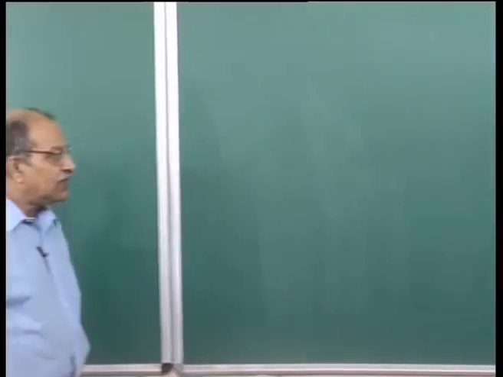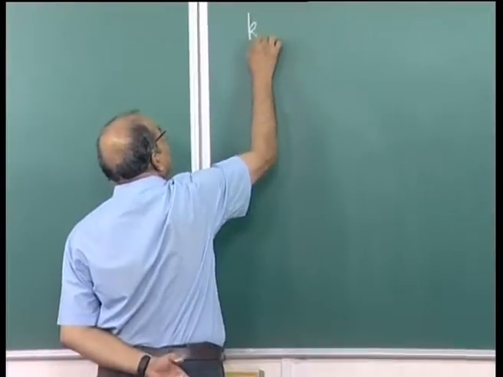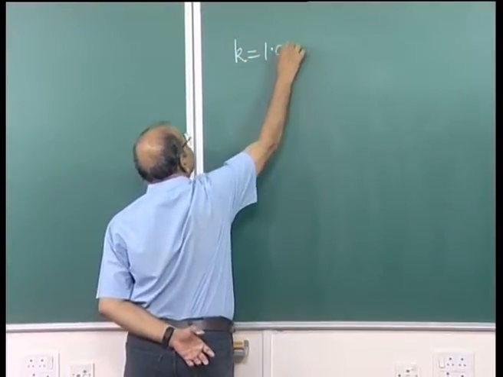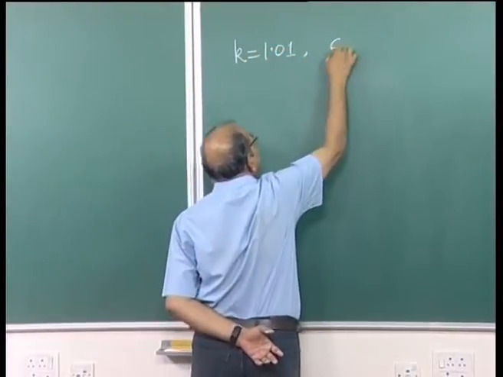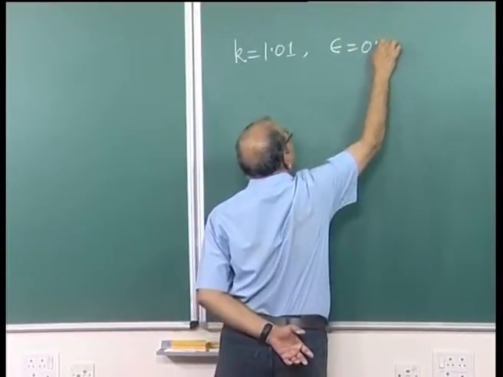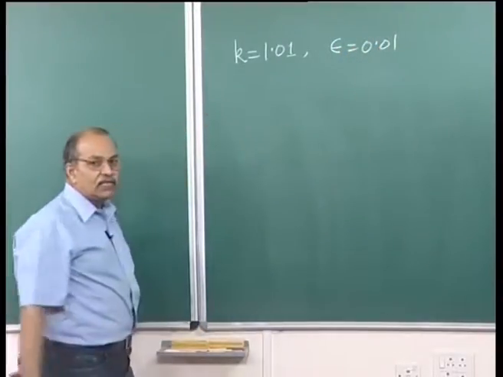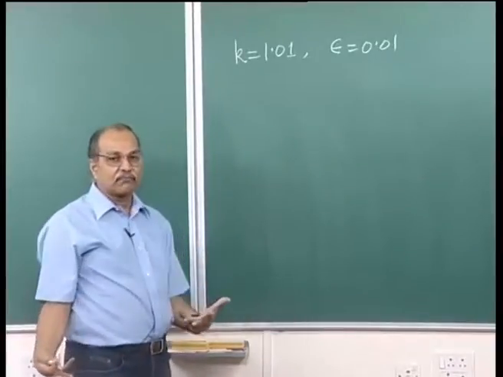A typical example we can take, suppose k is 1.01. So, that epsilon is 0.01, and in 1 second what happens to the rate.